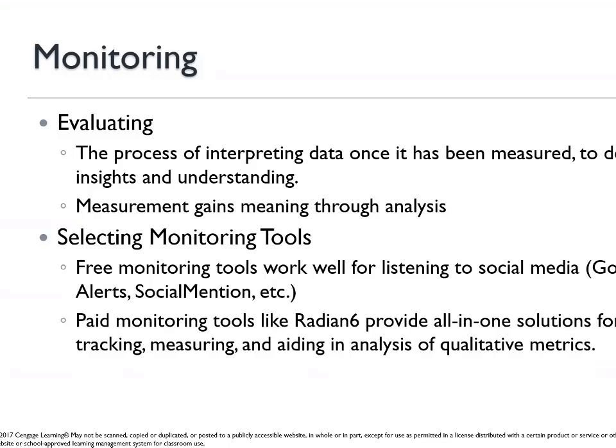Then the next step is monitoring. So evaluate, how's it going? How's it working? How will you manage and measure and monitor the campaign that would be implemented? And then you want to look at the tools that will be used. In your case, you will probably not commit to something like Radian 6, which is very expensive, but you can do it manually, and you can recommend that the client use a particular monitoring tool to, quote unquote, listen, to mine, to do sentiment analysis, that kind of thing.